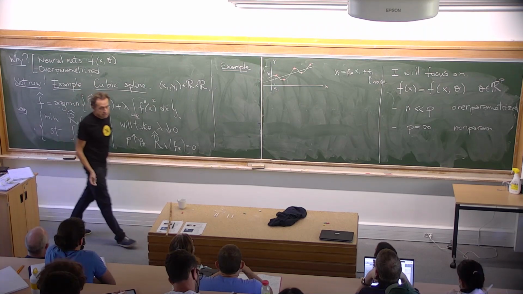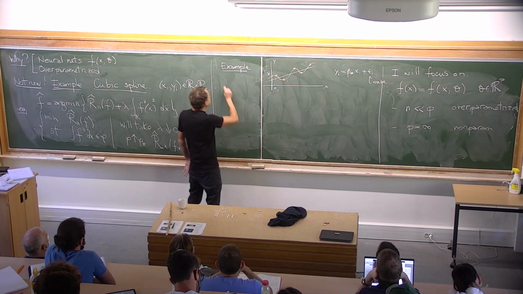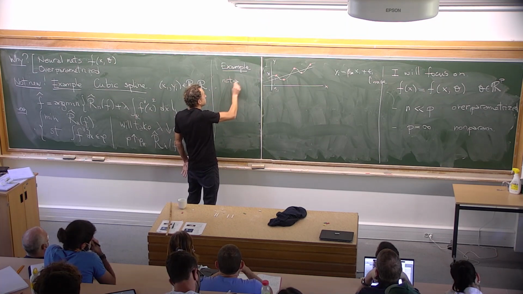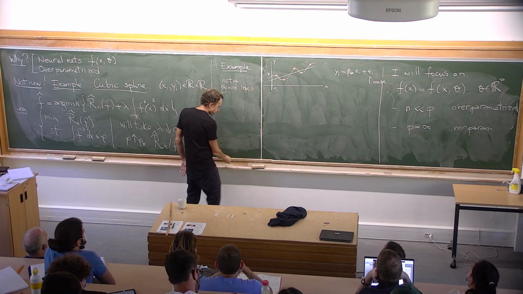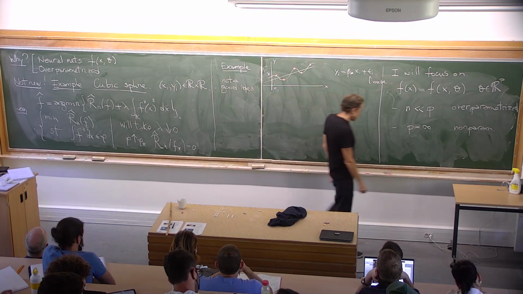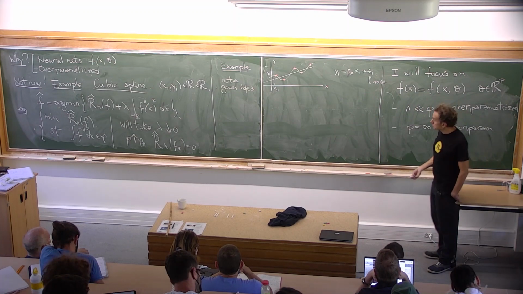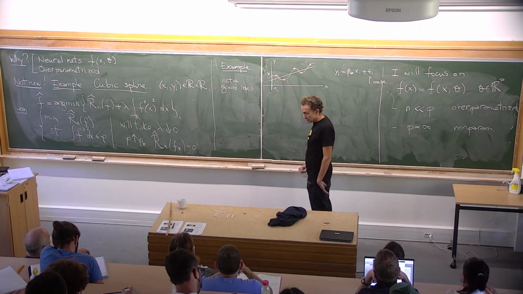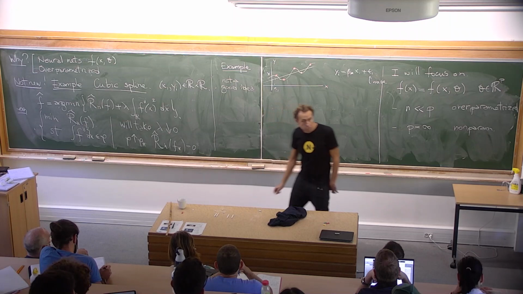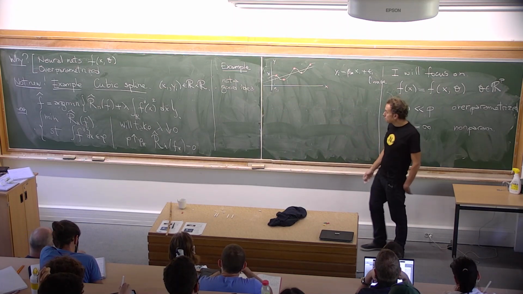It's quite intuitively clear that this is not a good idea. Why is it not a good idea? Well, these are my train points. Suppose that somebody gives me a test point, with the same distribution as the train points.